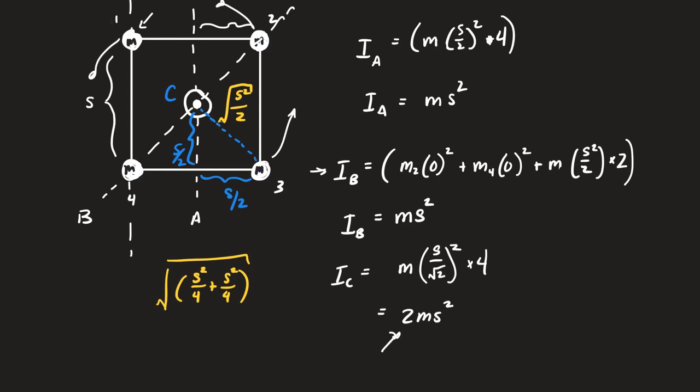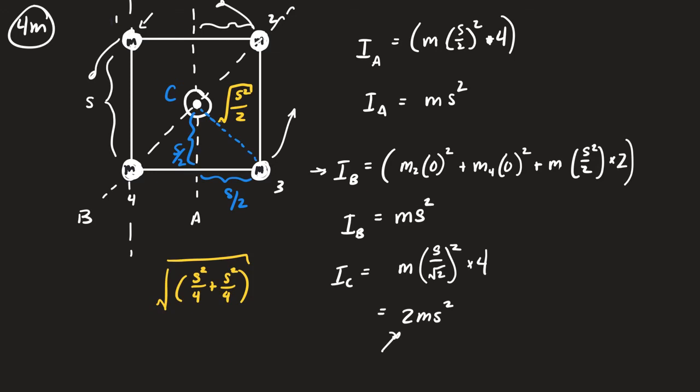Let me point out one little thing. What was the mass of this system? 4m is the mass of this system. Did the mass of this system ever show up in any of these? No. This is important. Most of our moments of inertia will be in terms of the mass of the system, but point masses tend to not be.